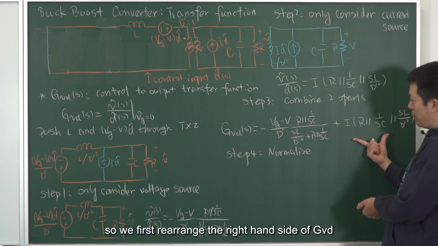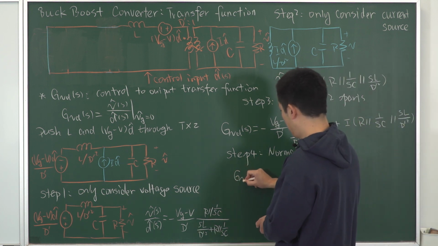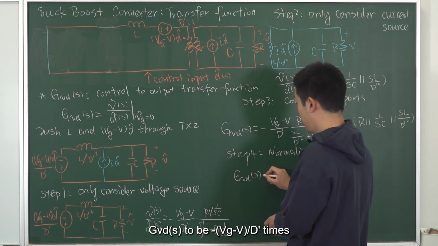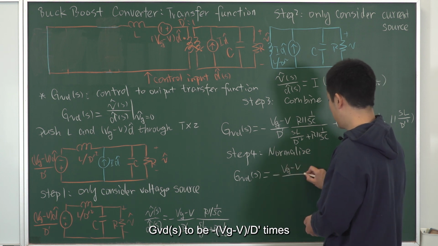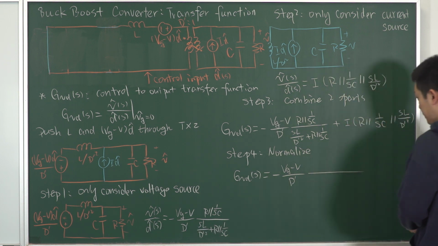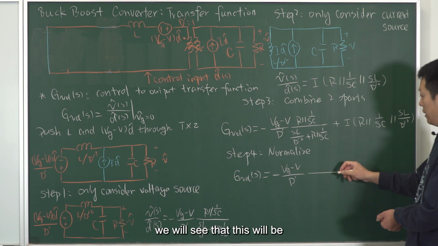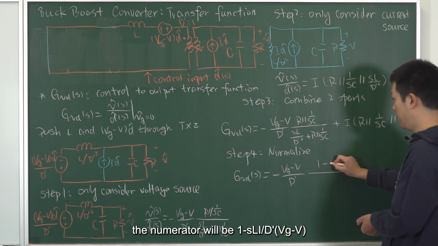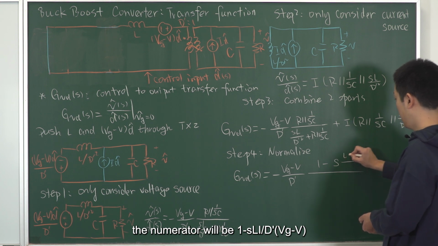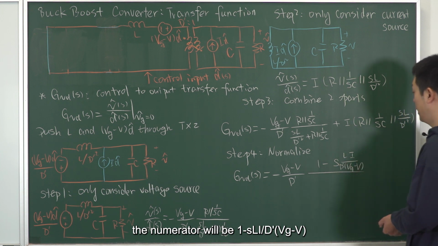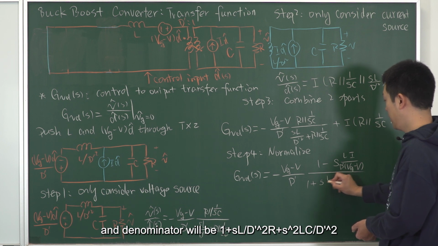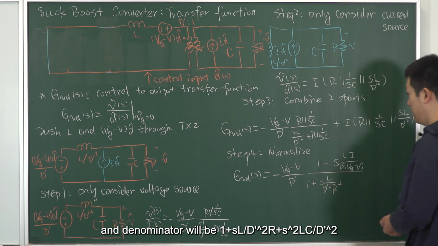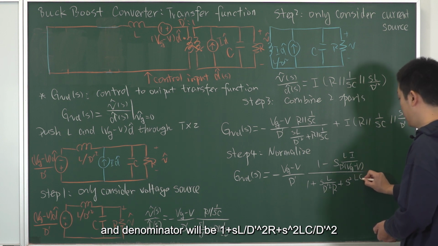So we first rearrange the right-hand side of GVD to be minus Vg minus V over D prime times, we will see that the numerator will be 1 minus S times LI divided by D prime times Vg minus V. And the denominator will be 1 plus S L over D prime square R plus S square times LC over D prime square.